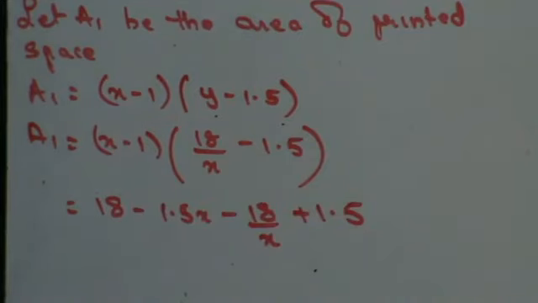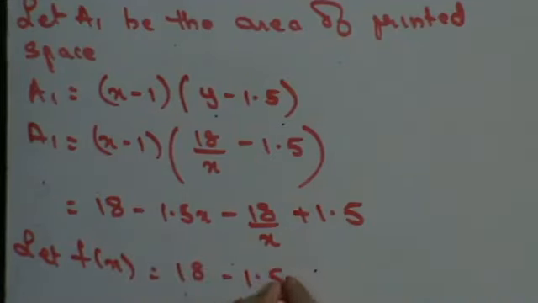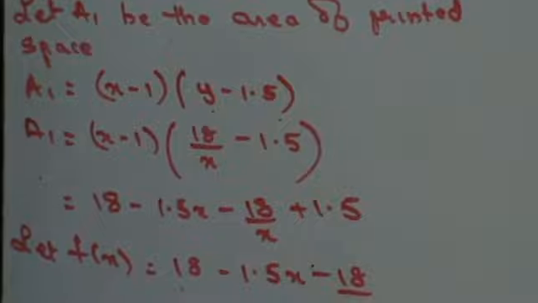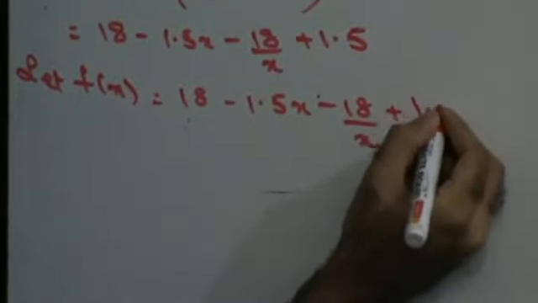That is going to be my printable area. But they are saying that the printable area has to be maximum. Whatever they ask you to minimize or maximize, assume that to be f of x. So let f of x be equal to 18 minus 1.5x minus 18 upon x plus 1.5.